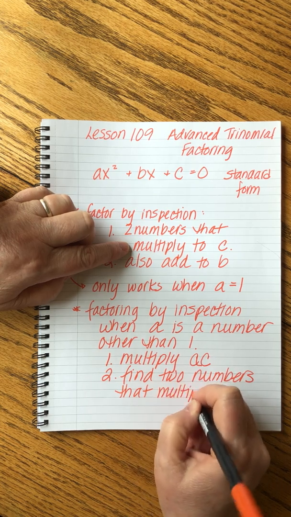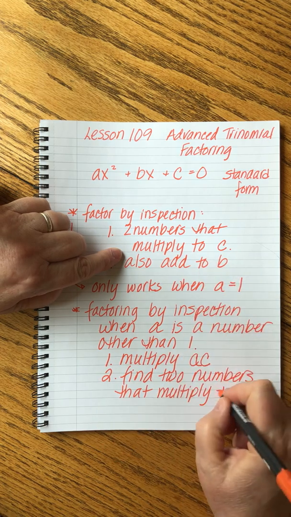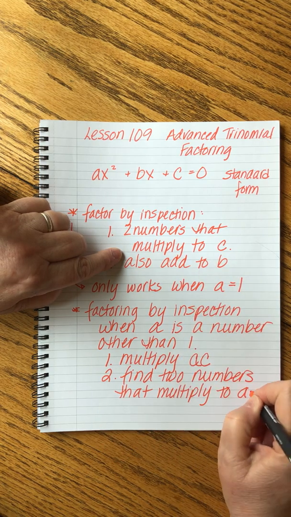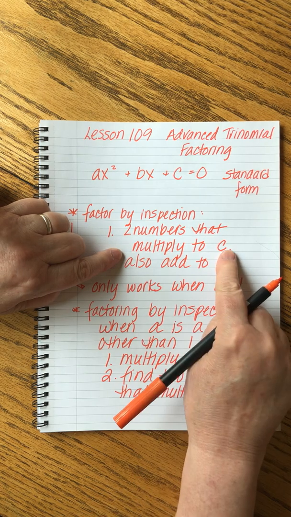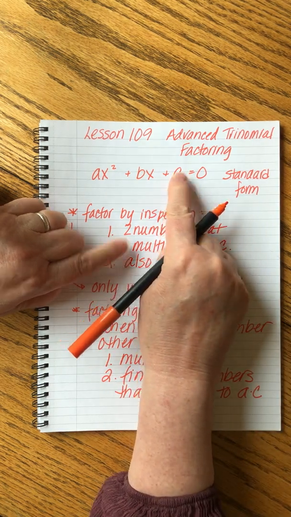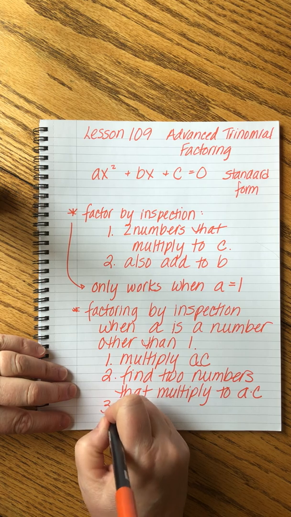I'm looking at my old rule as I write my new rule. They multiply to A times C, which we just found in the previous step. So instead of the two numbers just multiplying to this one, they multiply to those two together. Ooh, that's different.